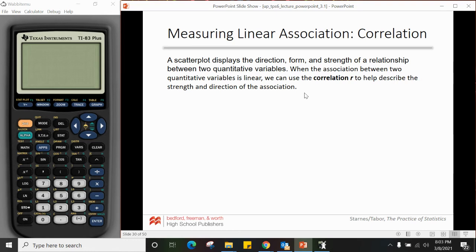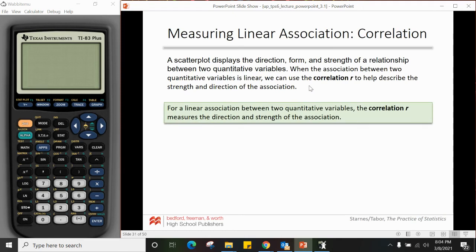So we said we'd talk about how you know if it's strong, weak, or moderately strong, and what the cutoff is for each of those. When the association between two quantitative variables is linear, we can use the word correlation. So it must be linear. That's the big thing.